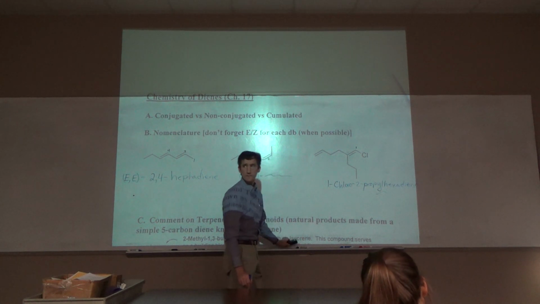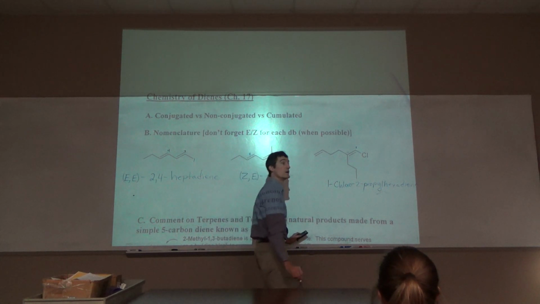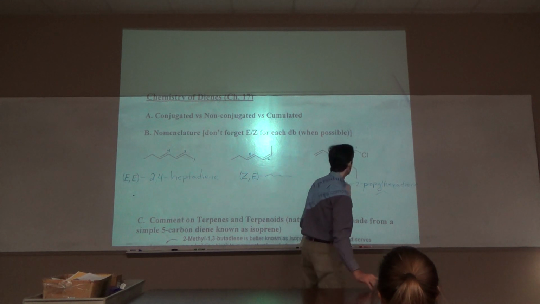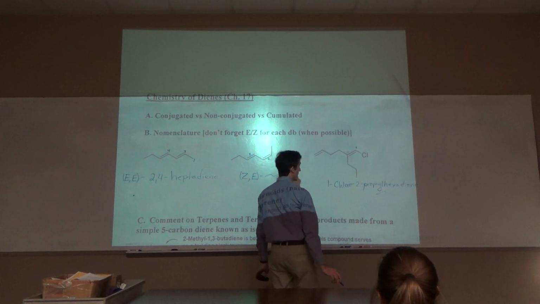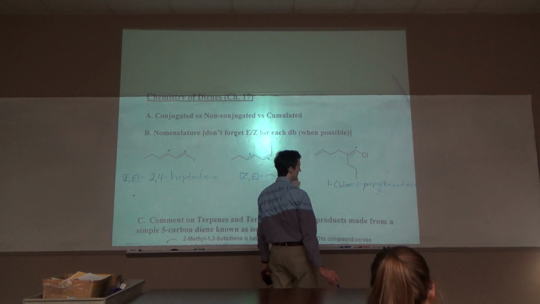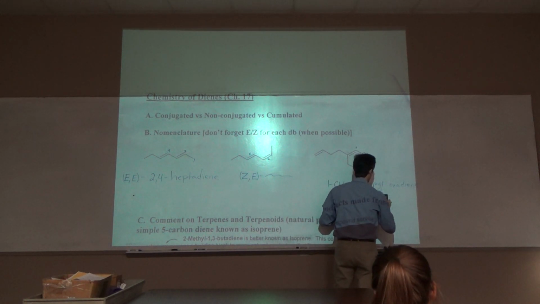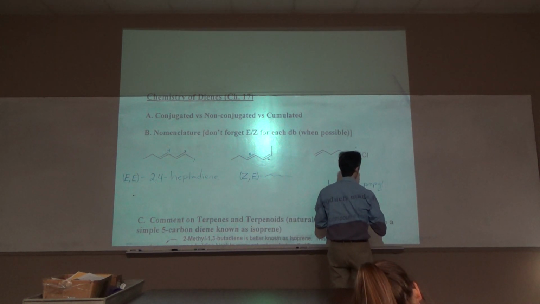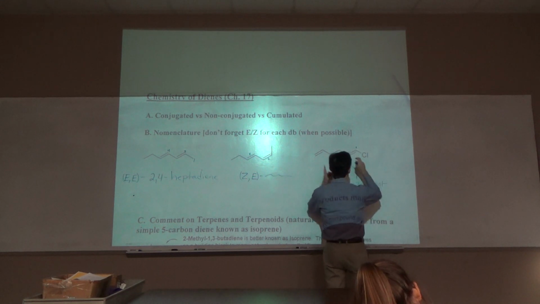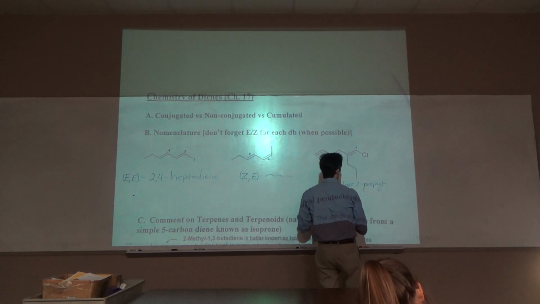What else do we need here? 1,5. Was that? A 1,5 to note our diene. Yeah, you're right. That's perhaps why I left a little space. There should be something else there. Between here, we need to note the positioning of the 2 alkenes. Very important.